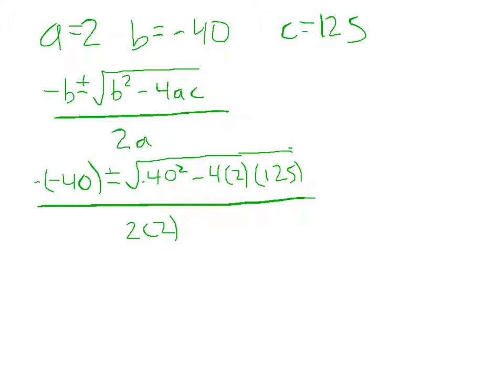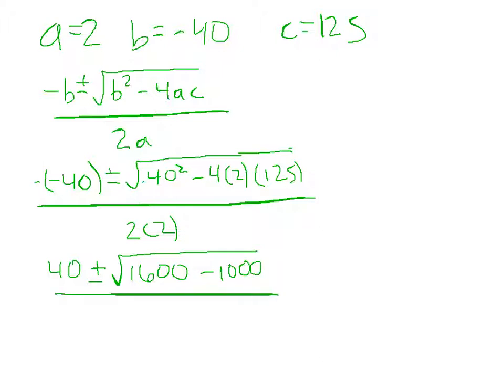If I simplify this, I get 40 plus or minus the square root of 1600 minus 1000, all over 4.